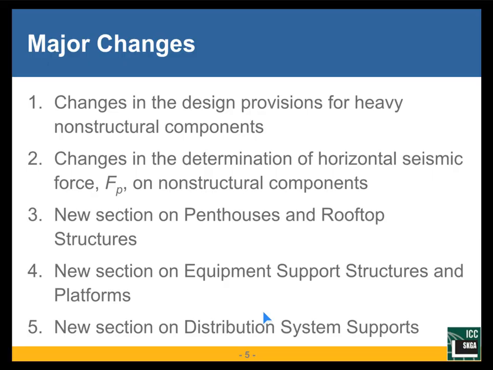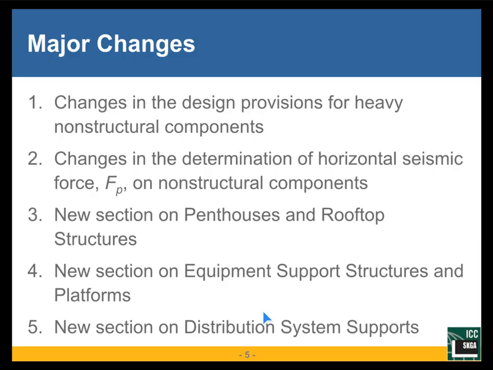These are the major changes from ASCE 7-16 to 7-22 in chapter 13 itself. Changes in the design provisions for heavy non-structural components, and then you will see the definition of heavy. Changes in the determination of horizontal seismic force, F sub P, on non-structural components.